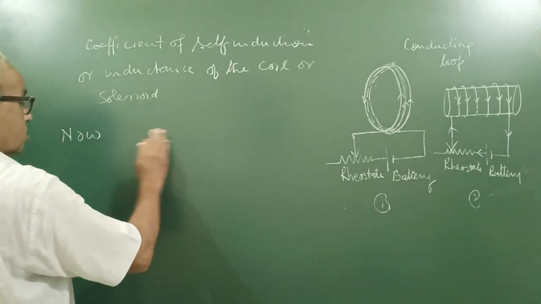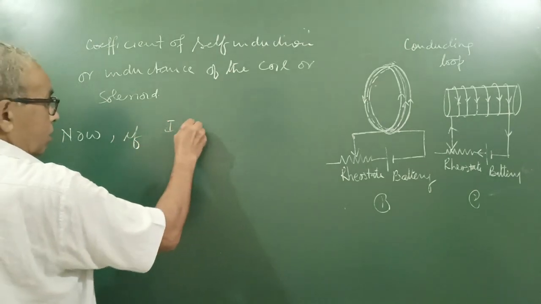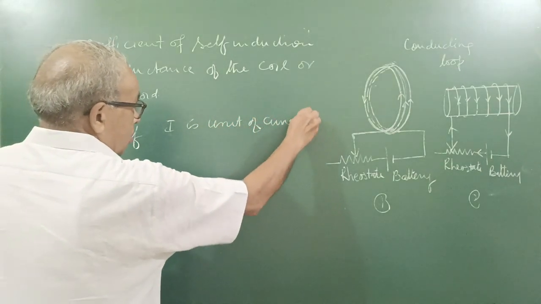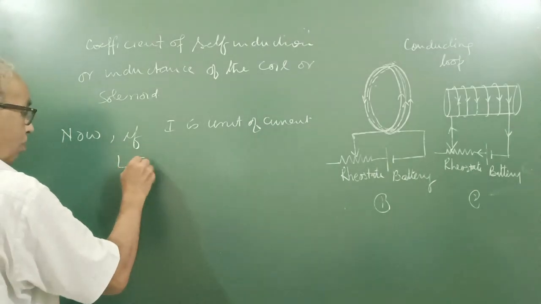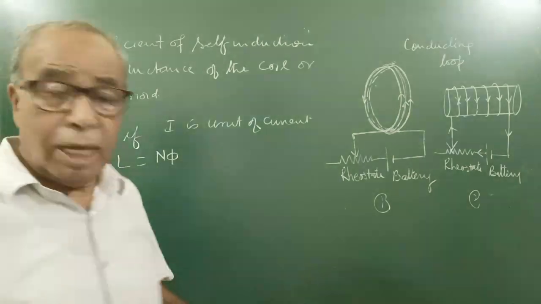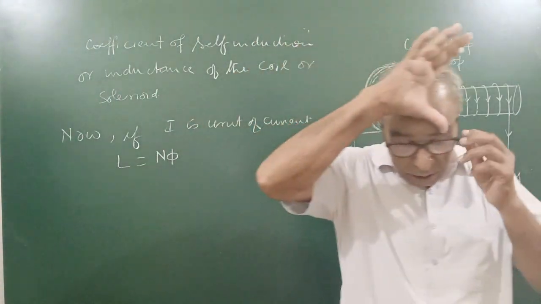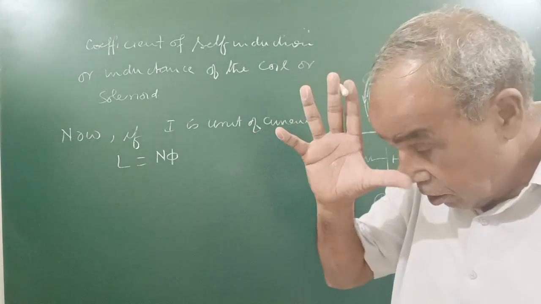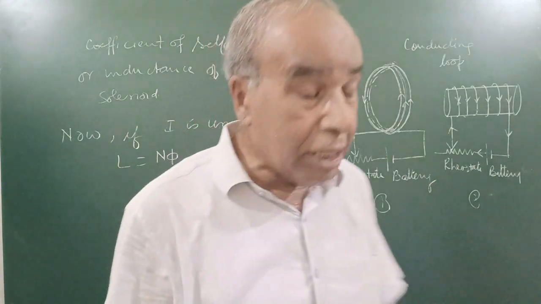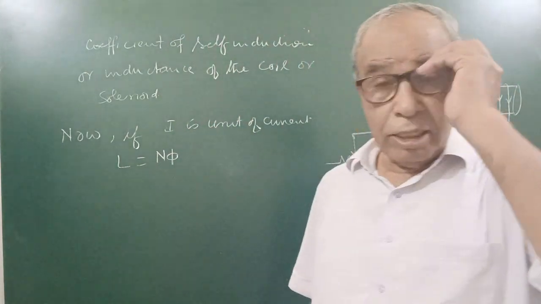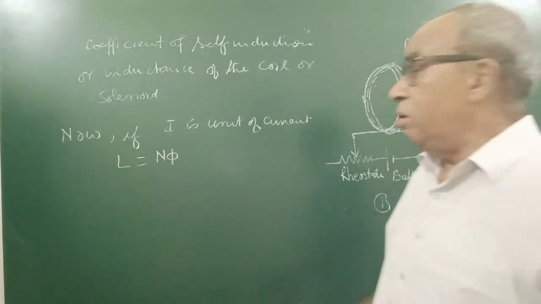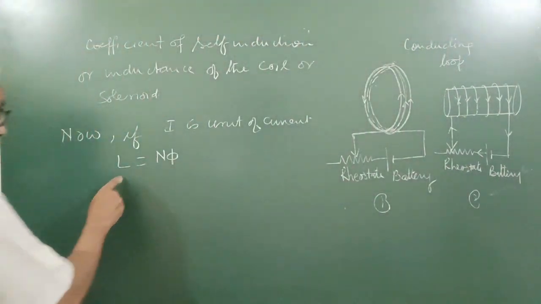If I is 1 unit of current, then L will be N phi. I have explained many times what inductance is basically. Just as if I ask you what is speed, that is the distance traveled per unit time. Similarly here, what is L?